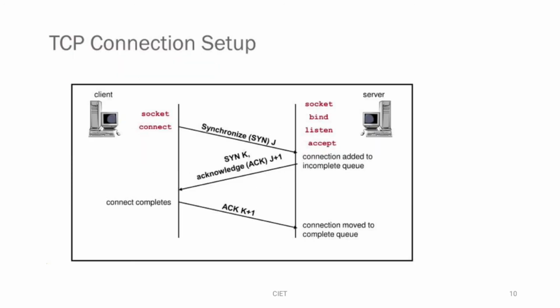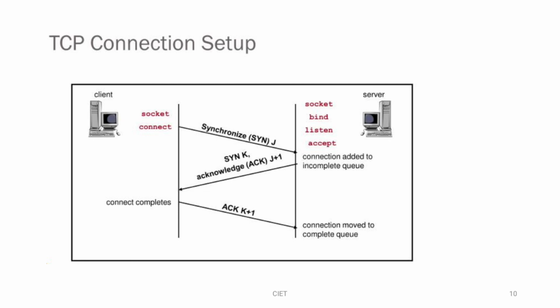Okay, now we will see the TCP connection setup. Here in the TCP connection setup, it is a three-way handshake. See this diagram, there is a client and a server. At the server side, we have socket, bind, listen, accept.